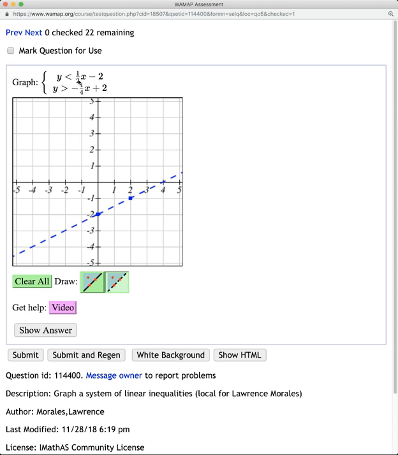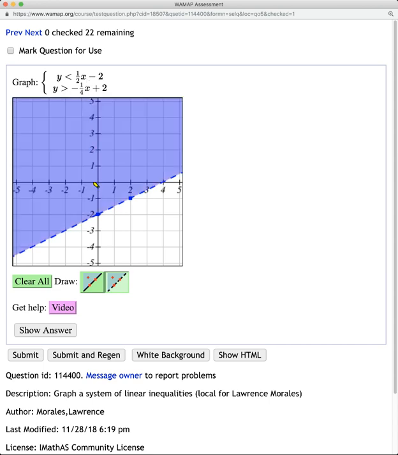So if x is 0, we get 1/2 times 0 is 0. 0 minus 2 is -2. So the right side is -2, and the left side is y, but we're testing the origin, so y is 0 there. So is 0 less than -2? That is false. 0 is greater than -2.